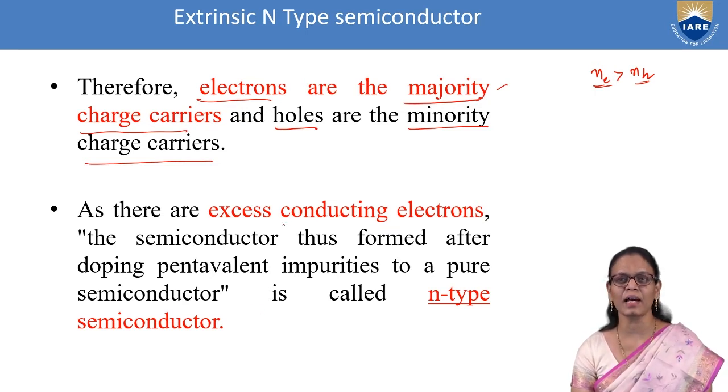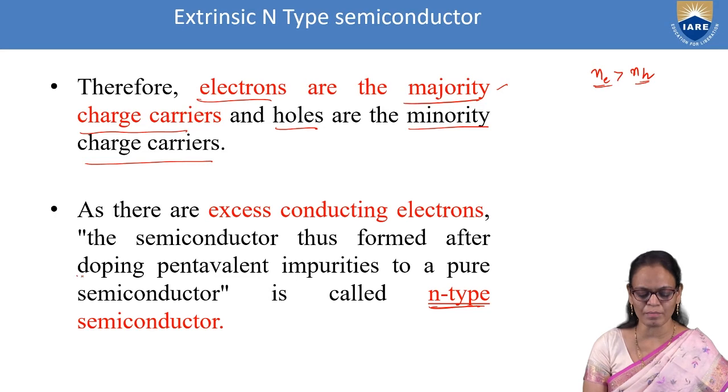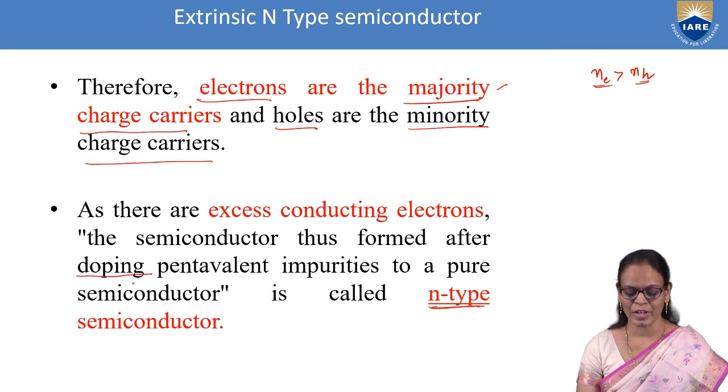And as these are excess conducting electrons, the semiconductor thus formed after doping a pure semiconductor with pentavalent impurities, we call it N-type. So what is this term doping here? We are doping pentavalent impurities.